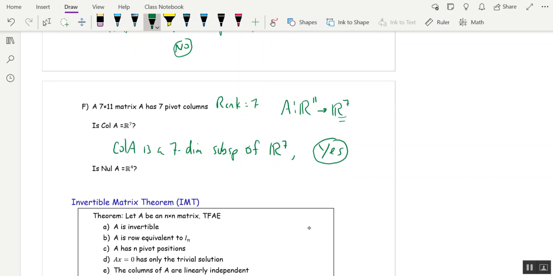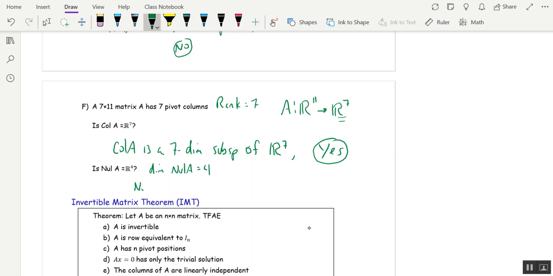Is null A R4? So first of all, what is the dimension of null A? If the rank is 7, then 7 plus the nullity is 11. 7, 8, 9, 10, 11. So the dimension of null A is 4.